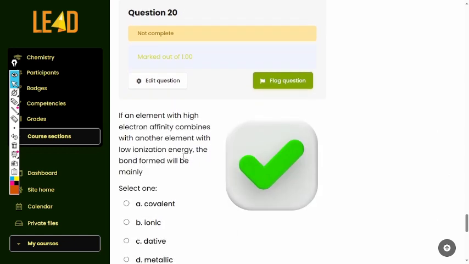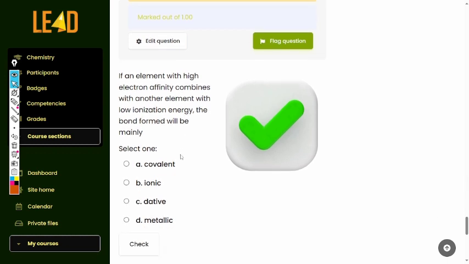Question 20. If an element with high electron affinity combines with another element with low ionization energy, the bond formed will be... Elements that have high electron affinity are those on the very far right of the periodic table. They're mostly very reactive non-metals, like the halogens in group 7 or group 6 elements.